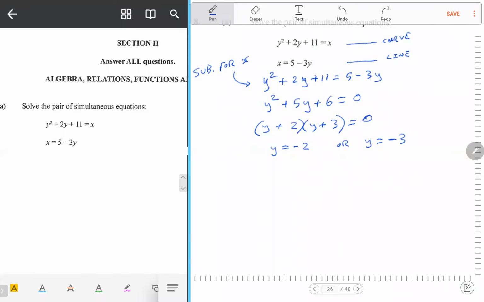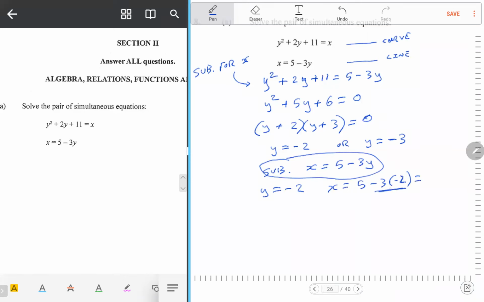So to find the x value, we're going to substitute in the x equation, x equals 5 minus 3y. Firstly, when y equals minus 2, x is 5 minus 3 times minus 2. Now note that minus 3 times minus 2 really equals plus 6. So it's really 5 plus 6, which is 11.